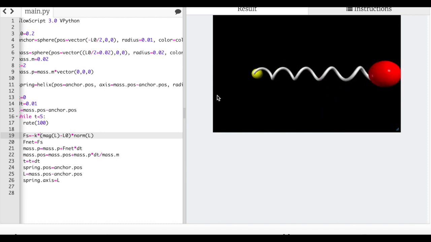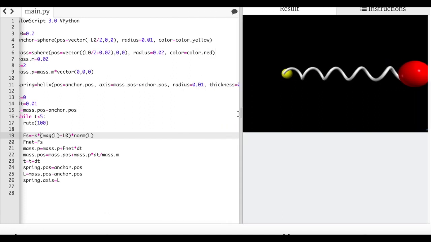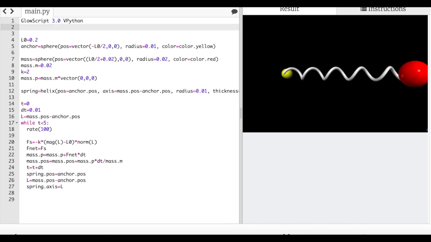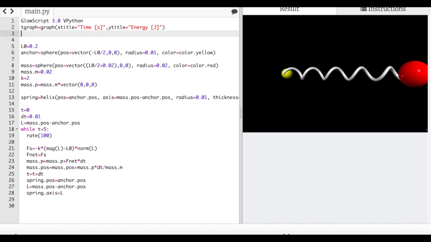Okay, let's do one last thing. I want to make a plot of the total energy. If I take the system of the spring plus the mass, then the total energy should be constant. But I want to graph the kinetic energy, the spring potential energy, and the total energy. So let's make a graph. Let's say Tgraph equals graph. The x title is going to be time in seconds, and the y axis is going to be energy in joules. That just sets up the axis.